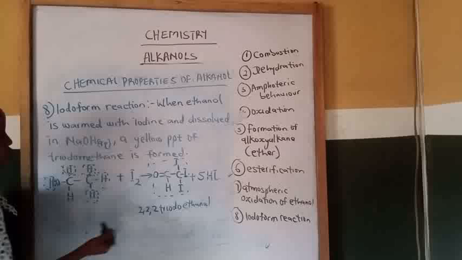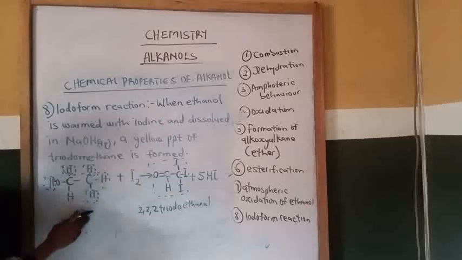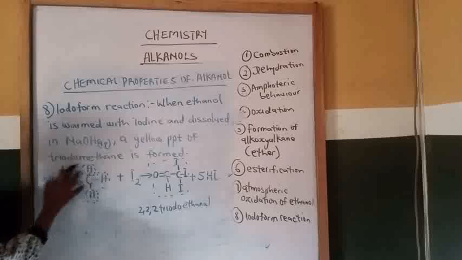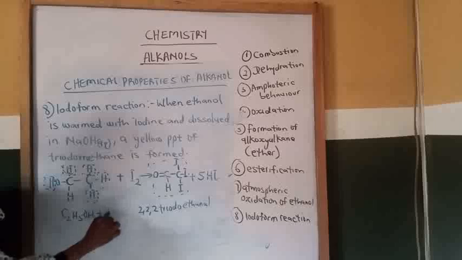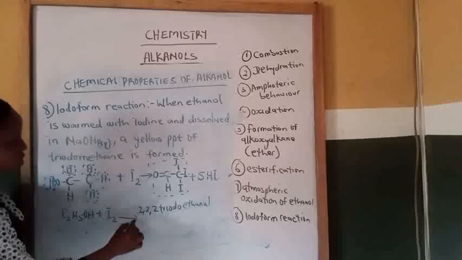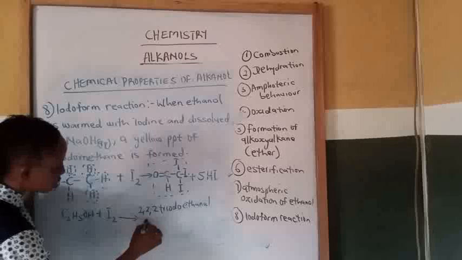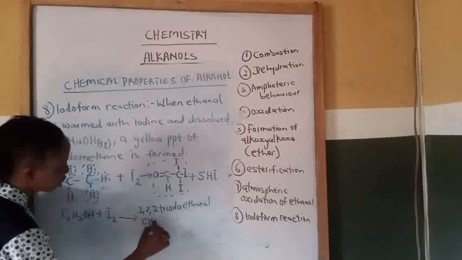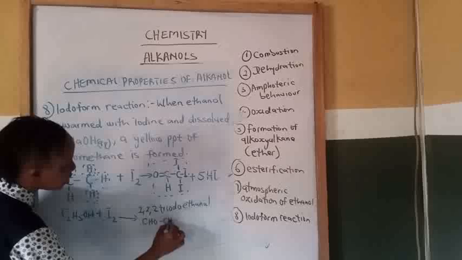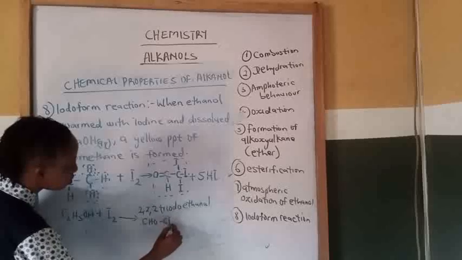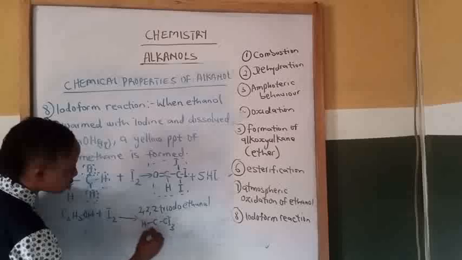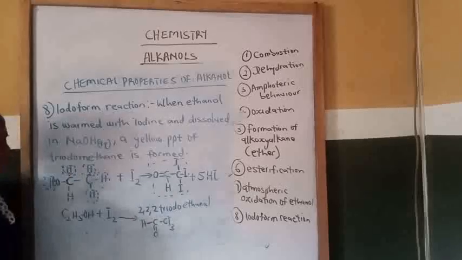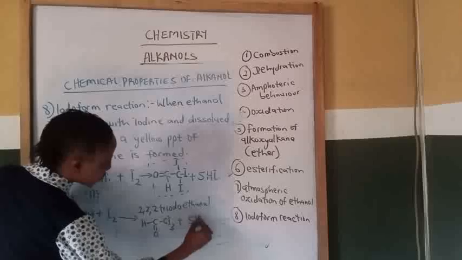So this is our first product. Then you can write your first product in form of molecular formula. I can translate this one to molecular formula. That will be C2H5OH plus I2. Then we give us CHO, CI3 plus 5HI.